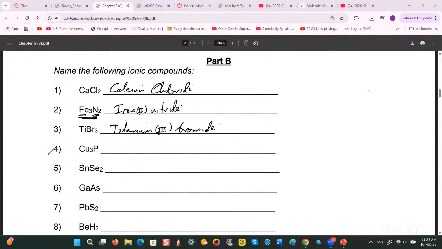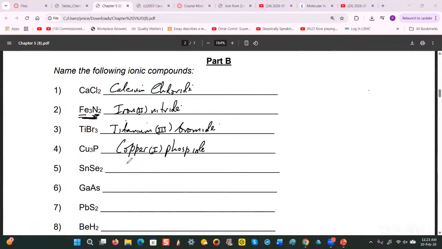What about number 4? What do you think the name of that compound is? Copper(I) phosphide. Do I need to explain this one? No? All right. What about number 5?